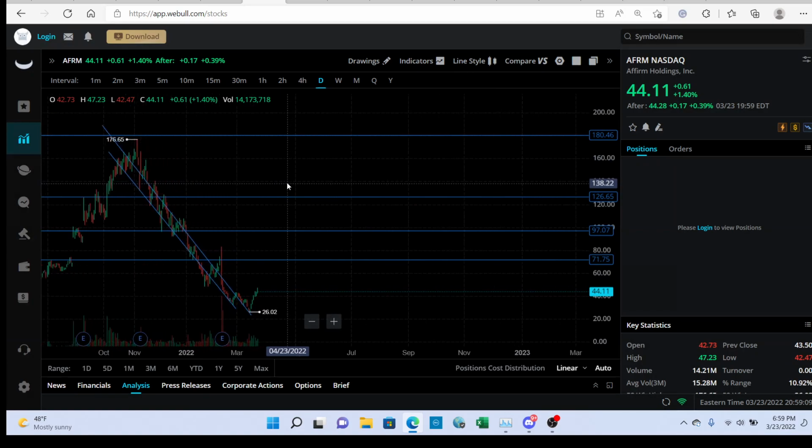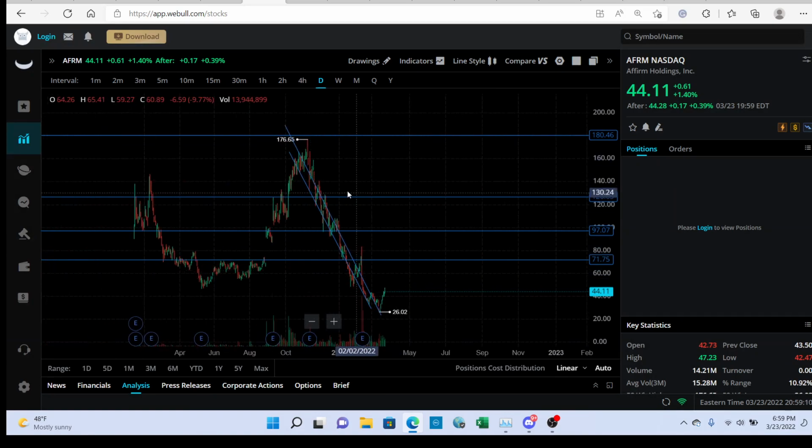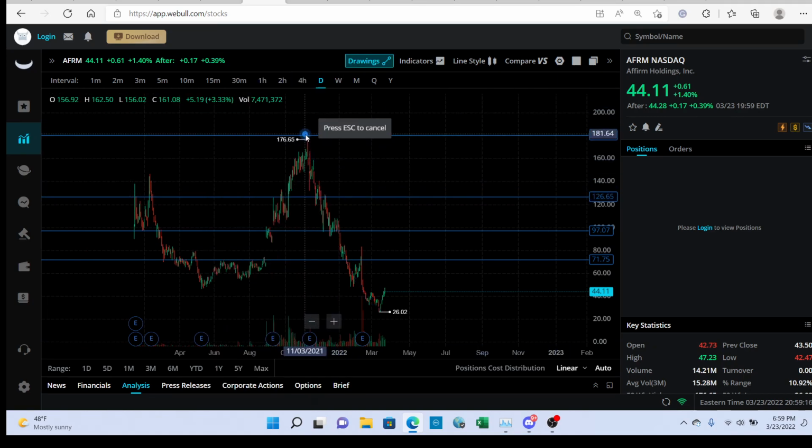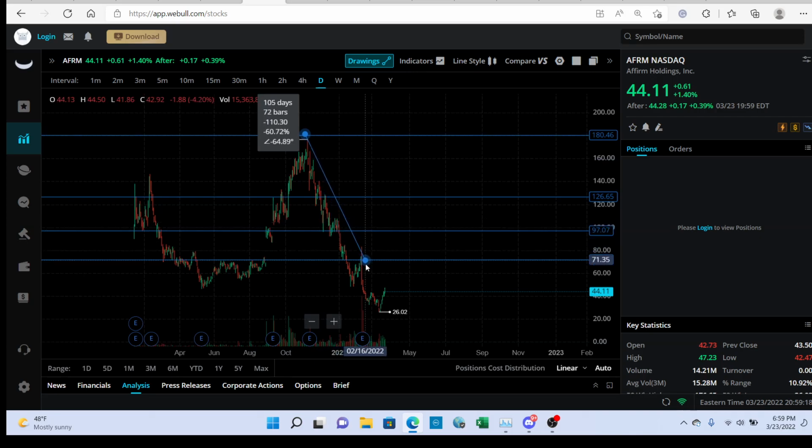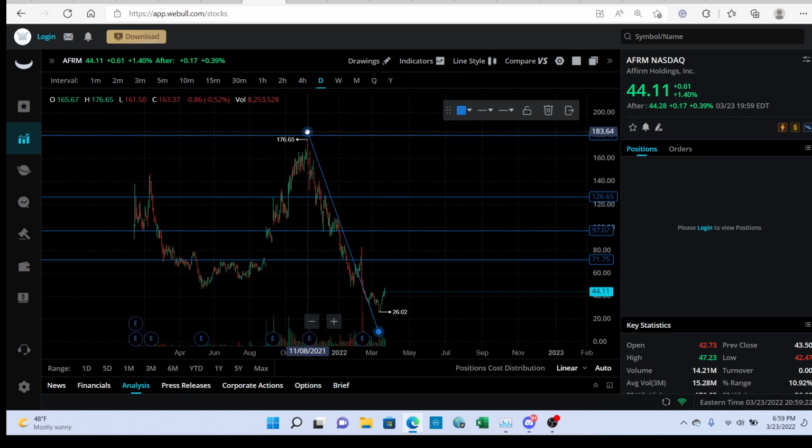Now looking at AFRM, it's going to draw this trend line right here. Recently we broke out.